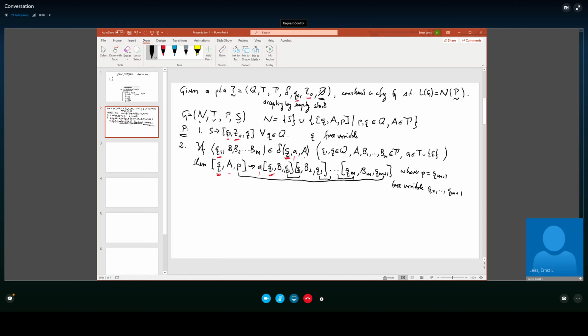So what you have then is the Q, which is that Q, the capital A, which is that capital A, the P, which is equal to the Qm+1, which is free, so it ranges over all states. So when I say free variable, I basically mean that it ranges over all states.